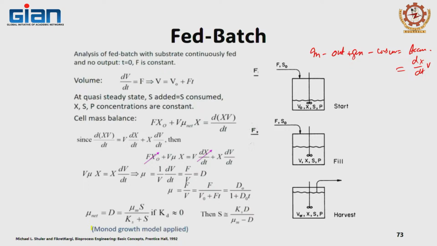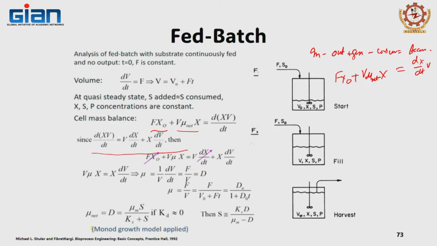If I am only looking at the cell mass concentration, I am looking at F X0, that is my feed in. Anything out? Nothing out. Definitely there is a generation, which is V mu_net X. This is a very simple mass balance.